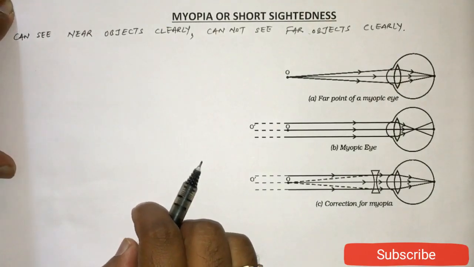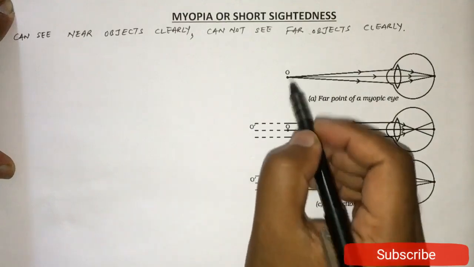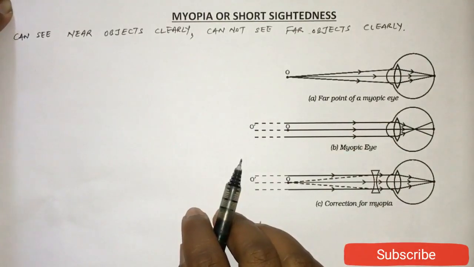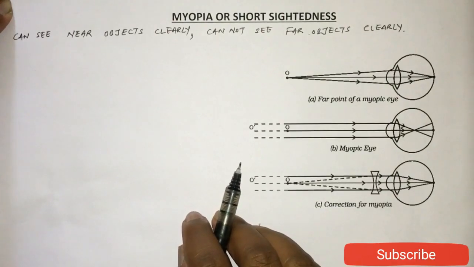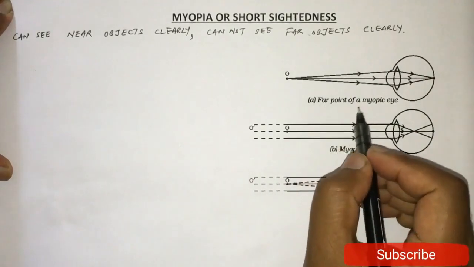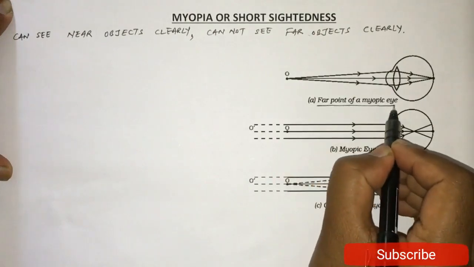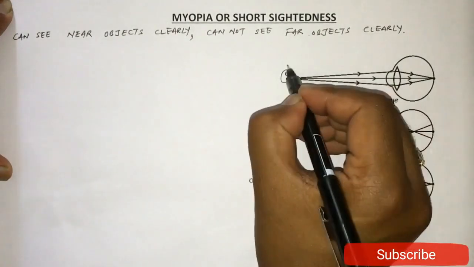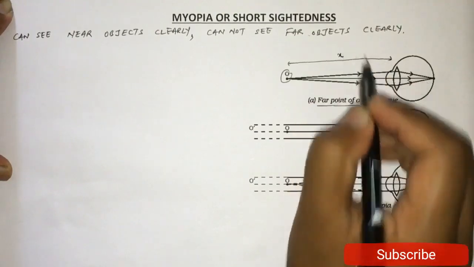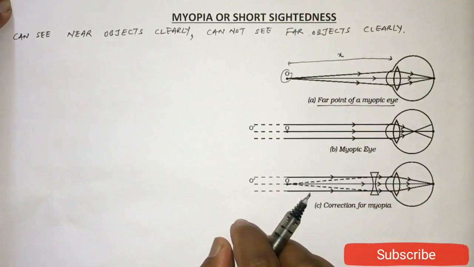So for a myopic eye, the far point is not infinity. Remember this thing. We know that for a normal eye, the far point is infinity, but for a myopic eye, the far point is not infinity. So suppose the far point of the myopic eye is O, which is lying at a distance x from the lens.